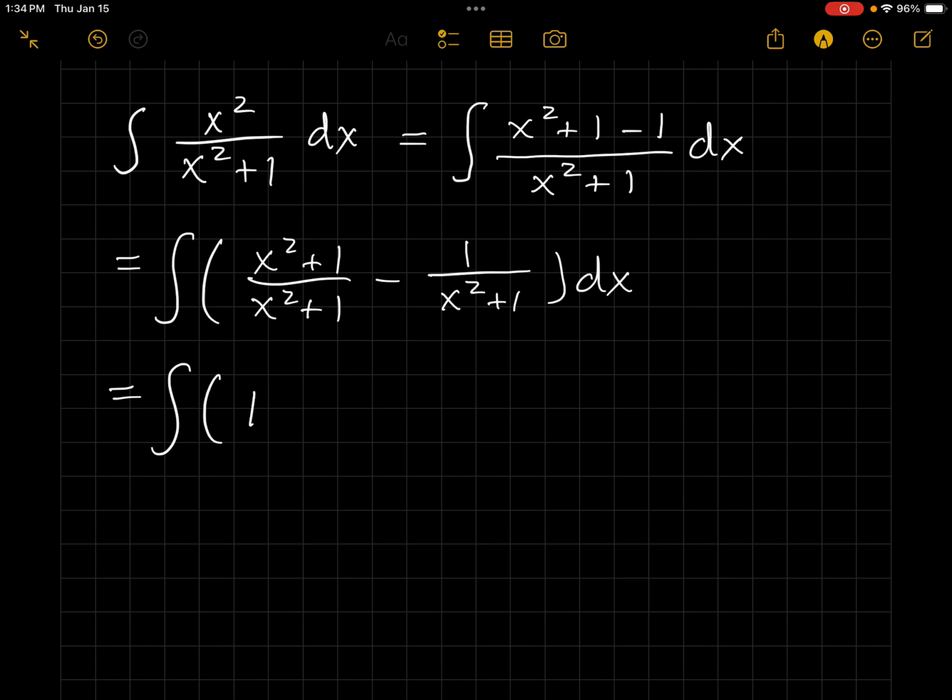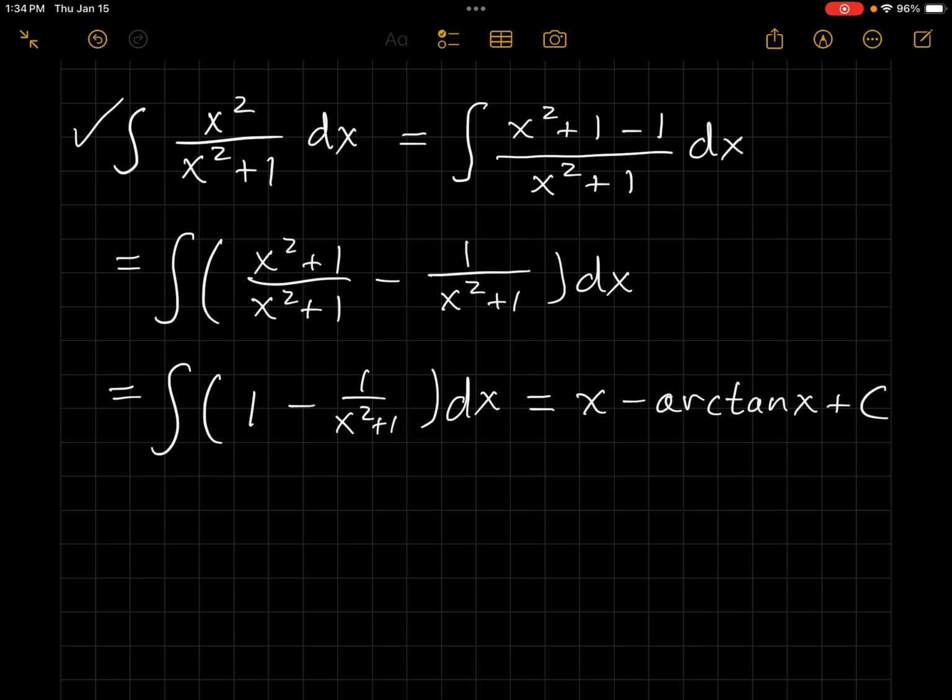And then simplifying, we get all this goes down to the integral of 1 minus 1 over x squared plus 1. And we should know the antiderivatives of these without doing any work. So if you would like to try, you can do trig substitution on this one and see that you get down to this. But I always want you to look to see what is the simplest way to do things.